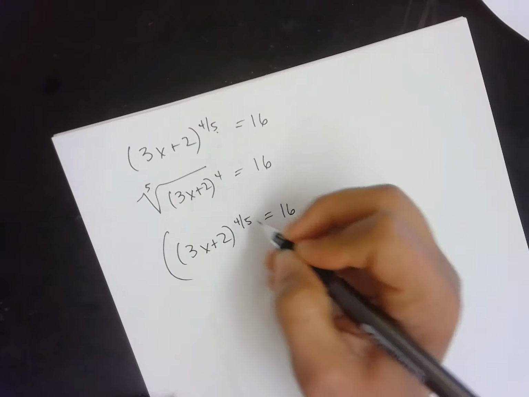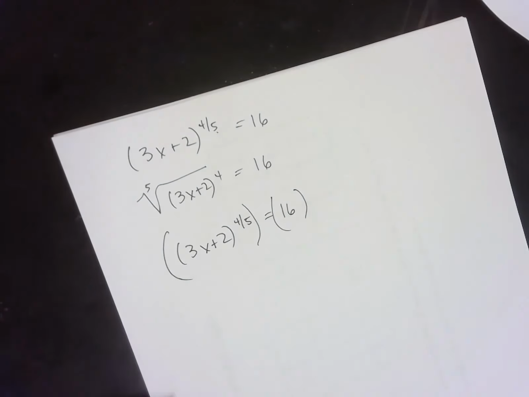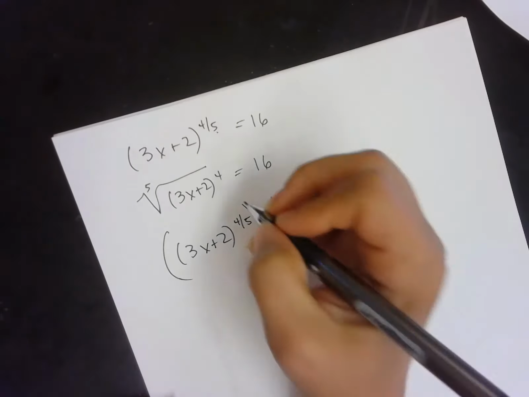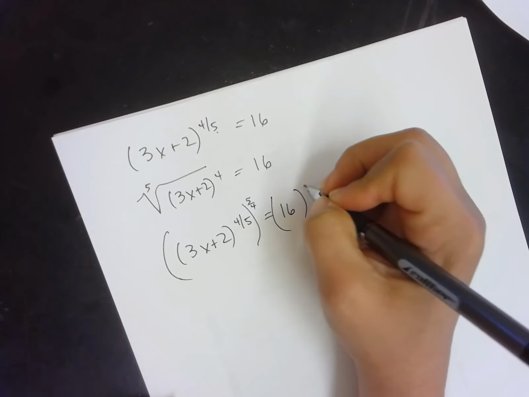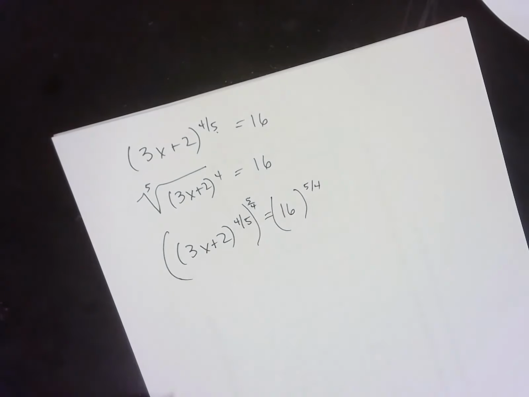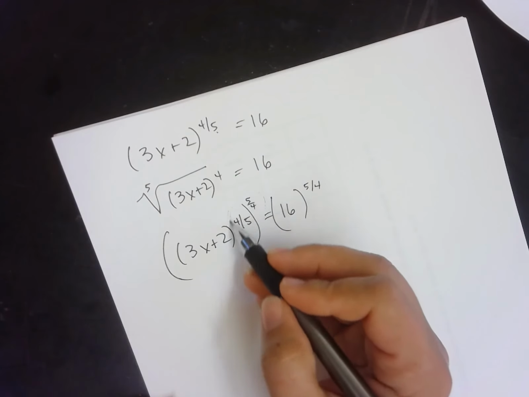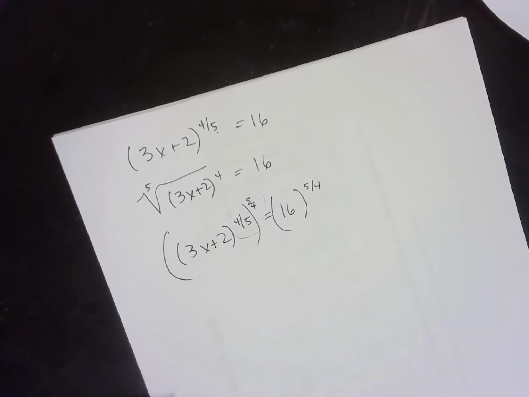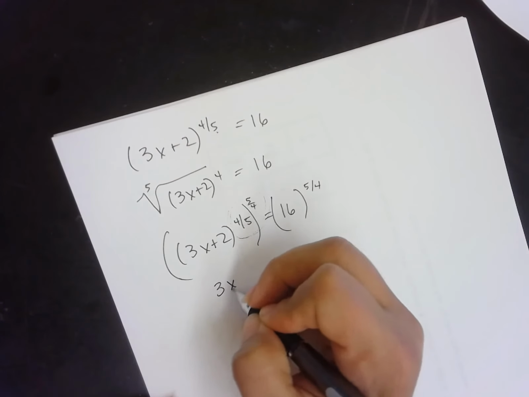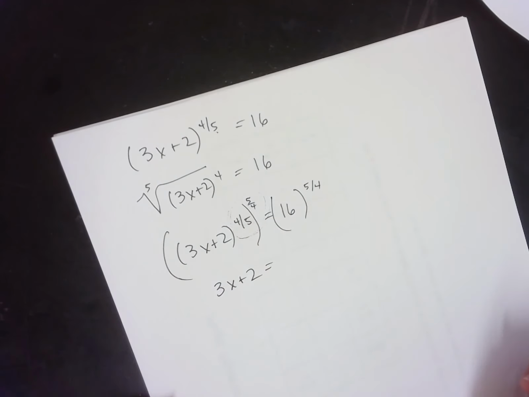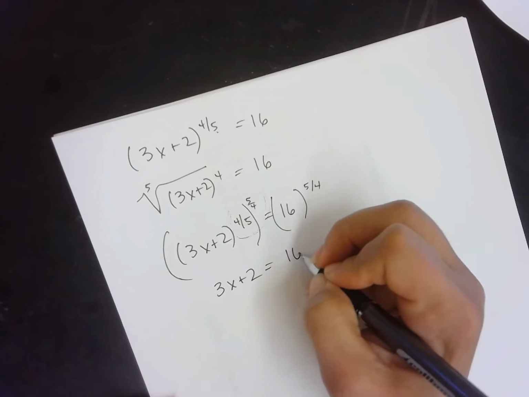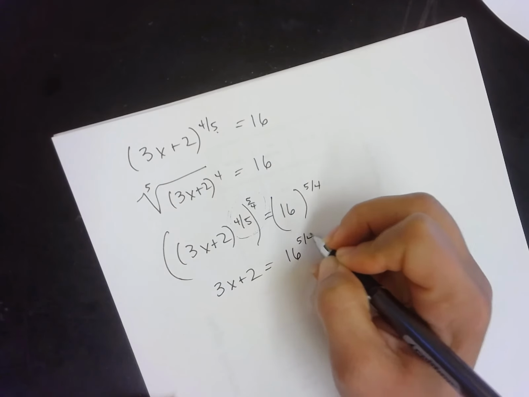I want to raise both sides to the reciprocal power of 4/5, so I'm going to raise it to the 5/4. Now when I do that, on this side, these two things give me a power of 1, which means that I just have the 3x + 2 over here. Now, not so easy. On the other side, I end up with 16^(5/4).